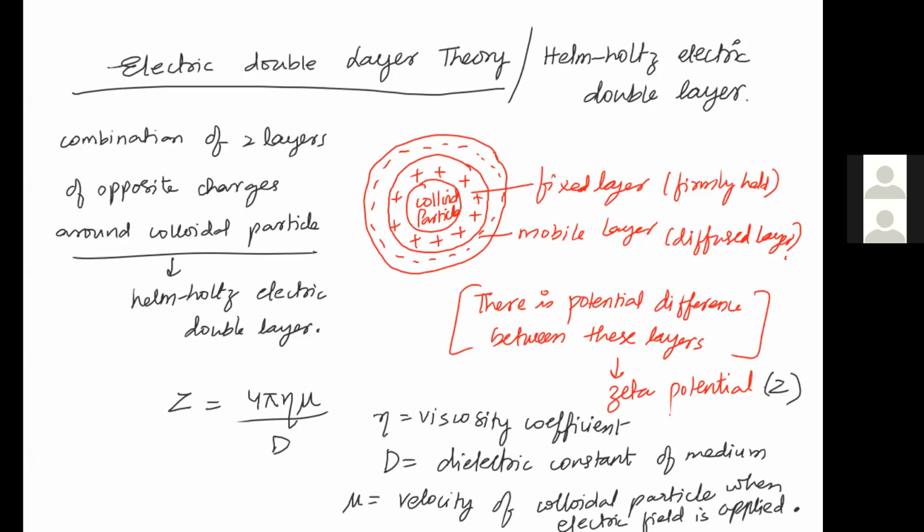Z is zeta potential. I have given you all three values. This is the zeta potential. I will solve an example on this. Please let me know once you're done copying. I want a message in the chat box if everyone has copied. Then only we are going to the next one.